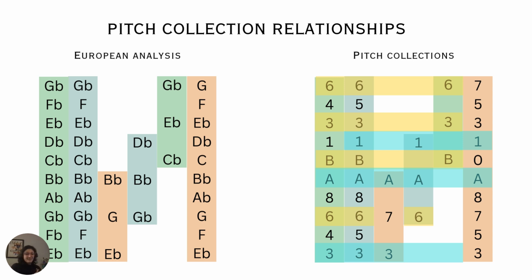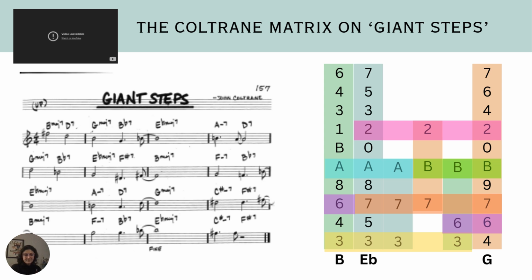Let's see how that looks graphically. So as you can see in Giant Steps, instead of having this jarring one note that's left out, and then some pitches that relate to every single mode, we have, instead of our 3 triads, no pitch in any triad fits into all 3 pitch collections of the mode, but every single pitch of the triads fits into 2 different pitch collections of the mode.